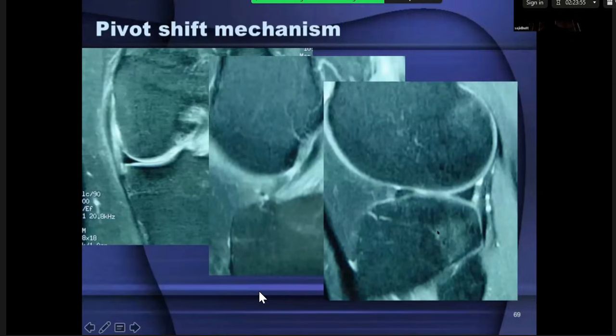When you see that, please make sure you don't miss any of the important associations. I think most of you should be able to pick up the ACL injury, but look for the subtle sprains of the medial collateral ligament and the characteristic bone bruising pattern. All of those findings would need to be mentioned to get the maximum points.